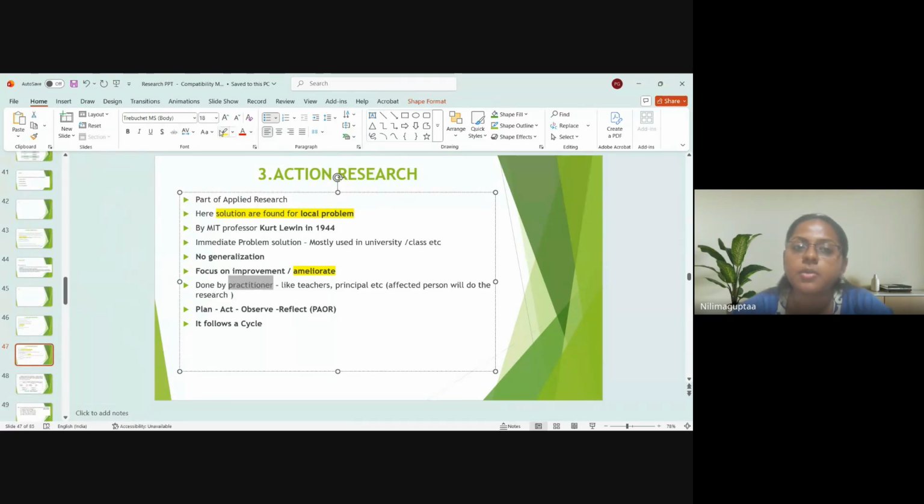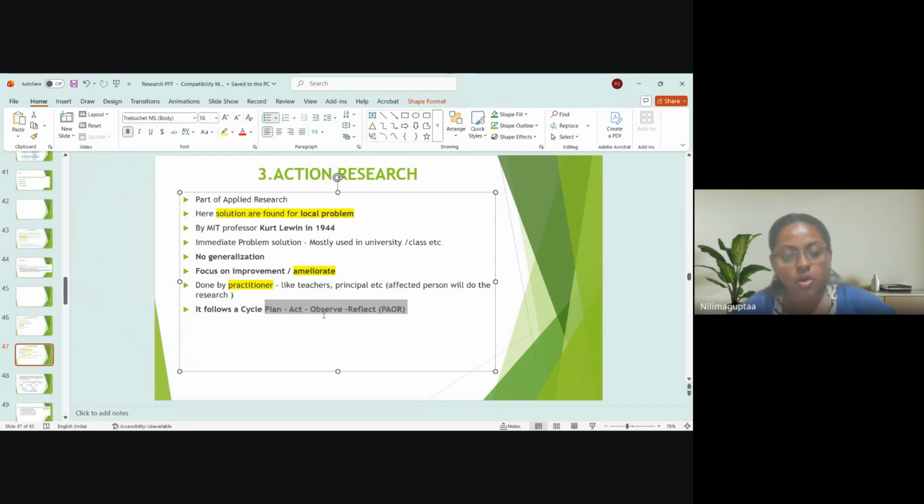And whenever they talk about the practitioner, it is always the teachers, the principals, and the affected person who will be doing it. Okay. It has a cycle that we call POAR, that is plan, act, observe, and reflect. That is why, if you remember, in the characteristics of research we studied that it is cyclic in nature, because this is a cycle that is followed.